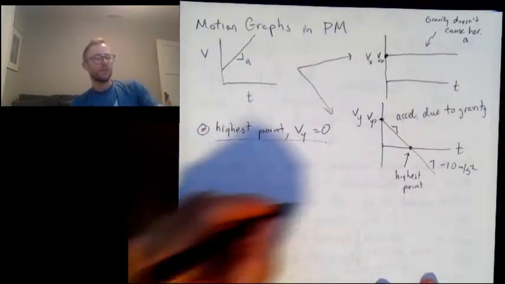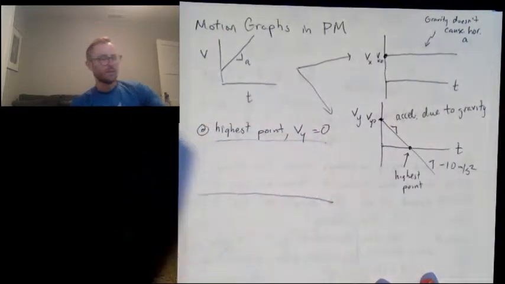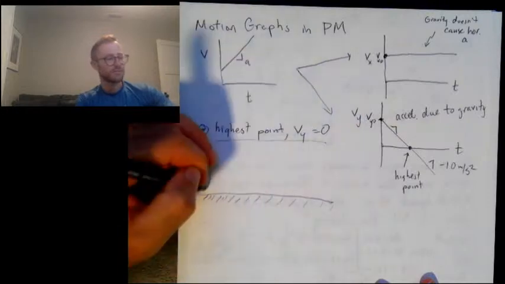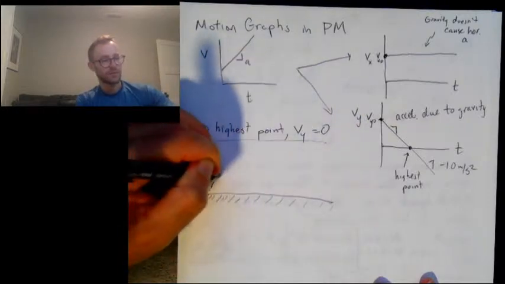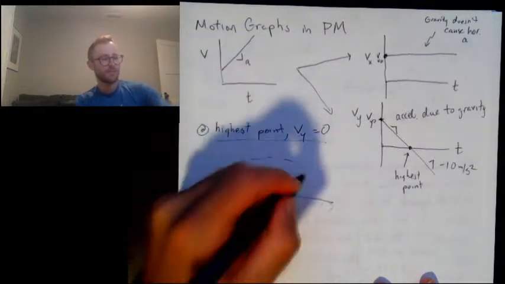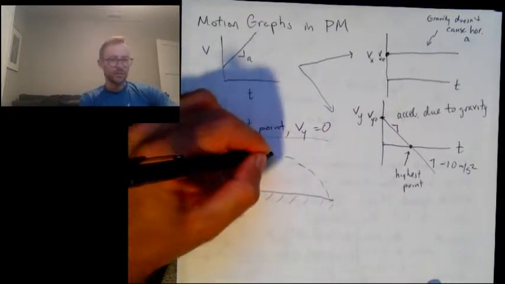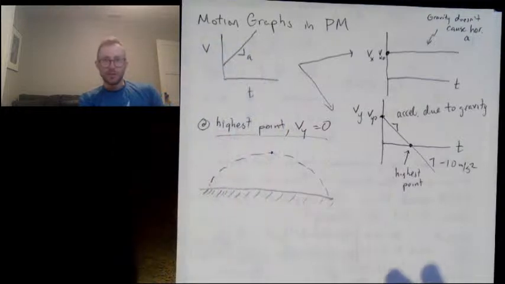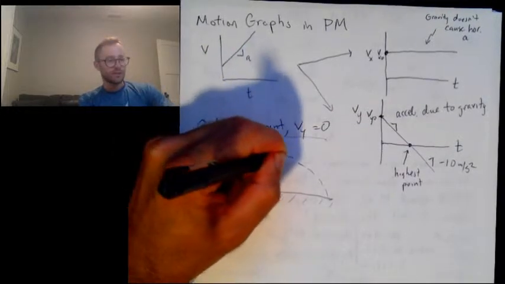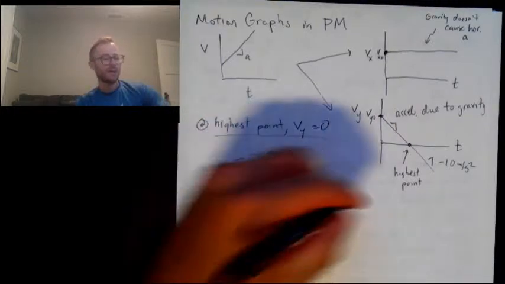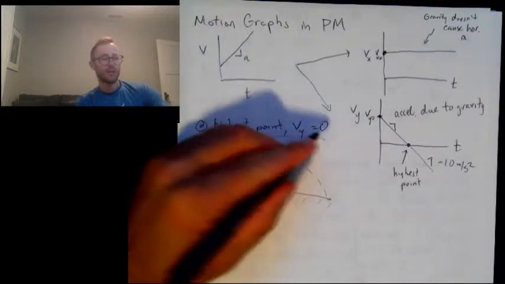Okay, let's try to understand that in pictures. If you are launching a projectile like this, so here's the path of the projectile. At the highest point, which is right here, we can see that the velocity is horizontal. So at the highest point, Vy equals 0.